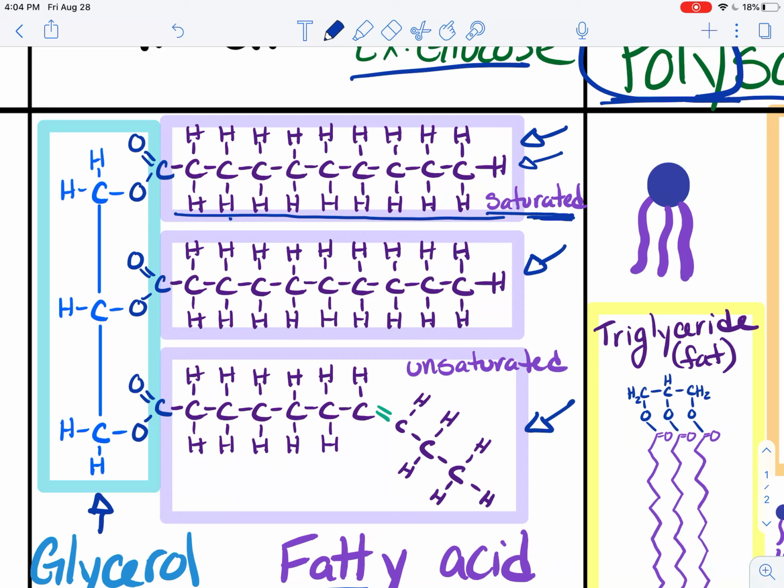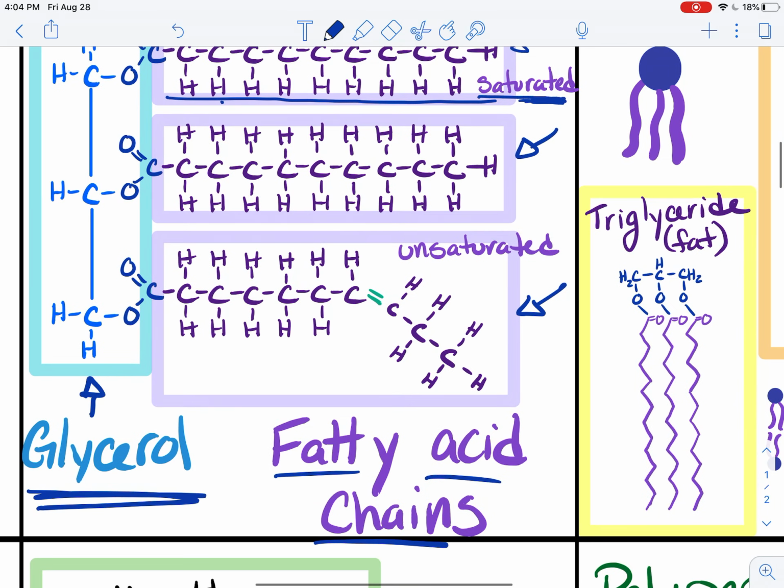Saturated fatty acid chains tend to be the ones that get labeled bad, because these saturated ones can lay flat, and because they can lay flat, those molecules lay closer together and are more likely to form a solid, which inside your arteries and inside your body can be bad.